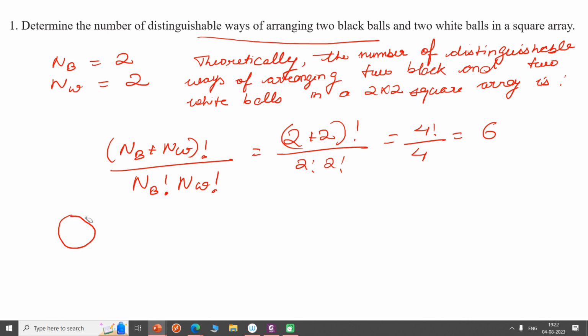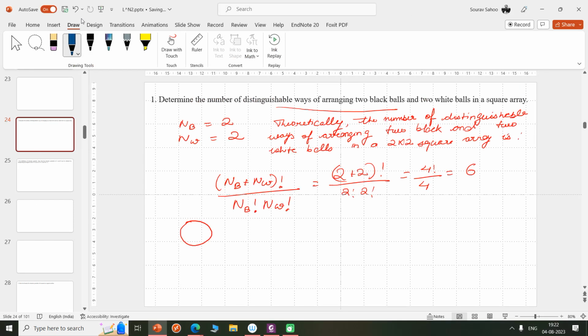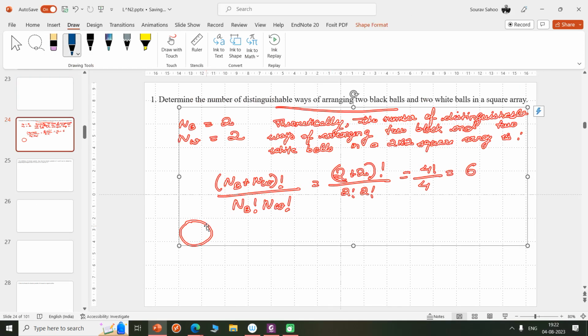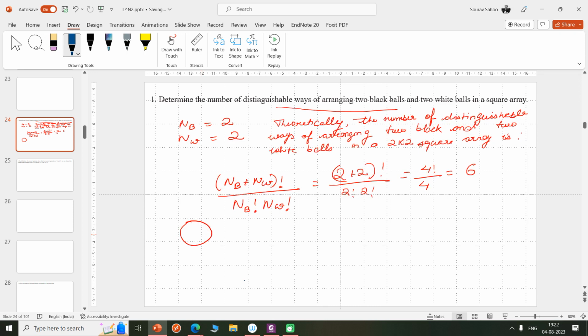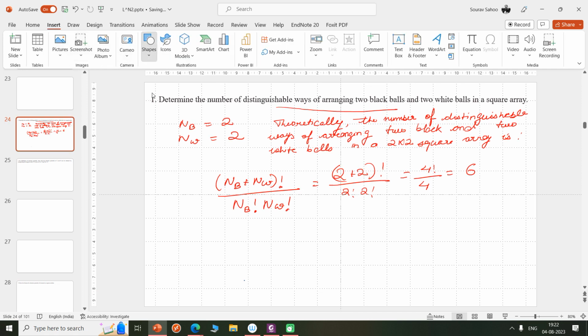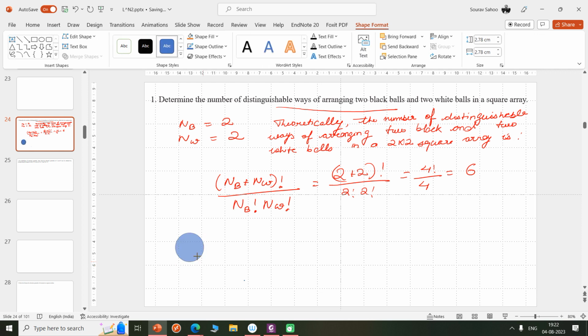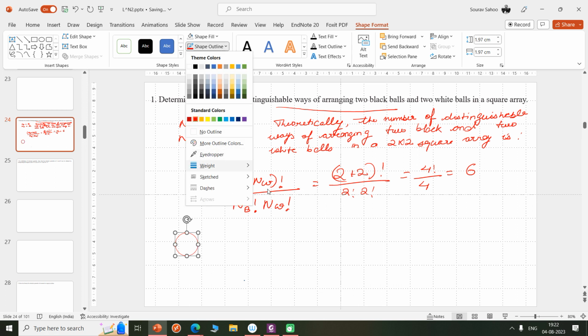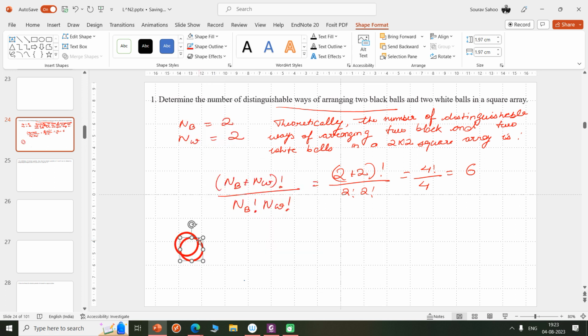So we can quickly show what the 6 configurations possible are. It's better if I just draw it. Just imagine I'll shade them to represent the colors.